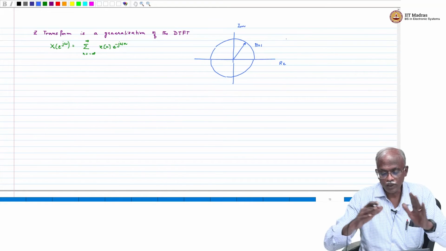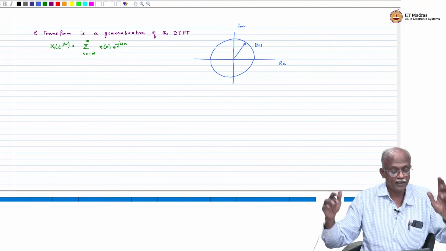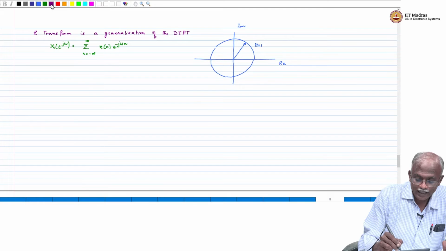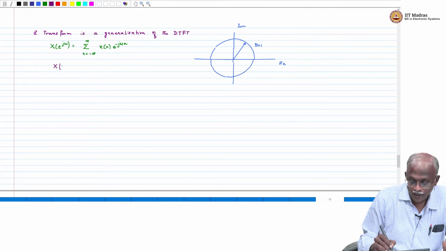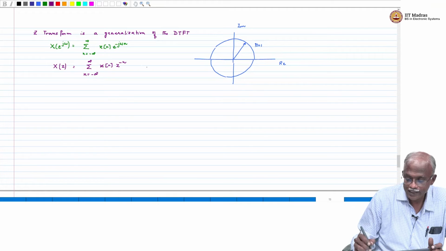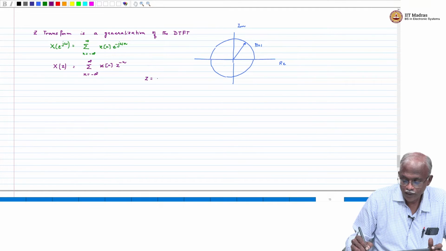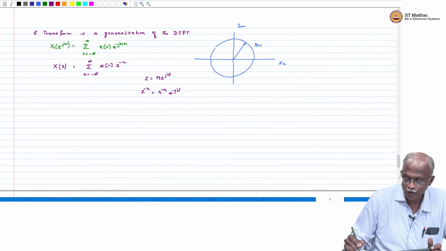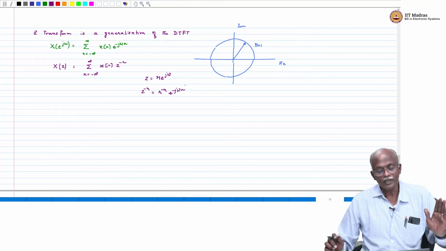Now, if I want to cover the entire z plane, just like we did for the Laplace transform, that is what the z transform is doing. X(z), the z transform, is given by the summation from n equal to minus infinity to infinity of x(n) z^{-n}, where z is equal to r e^{jω}. So, z^{-n} will be r^{-n} e^{-jωn}.